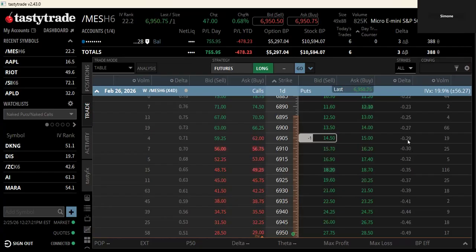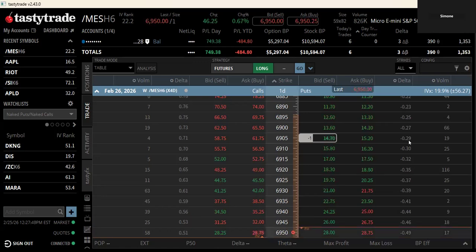Number one, for a $1 move in the stock, how much will your option move? So let's say this MES moves down $1, that means this option moves 29 cents in theory.